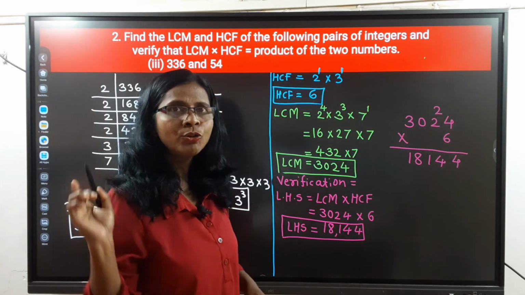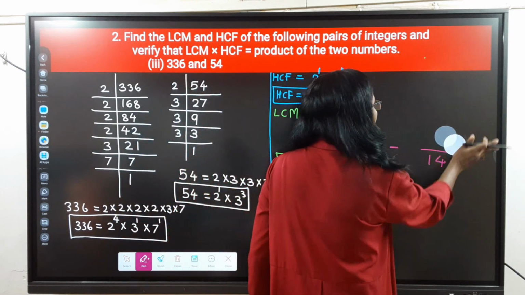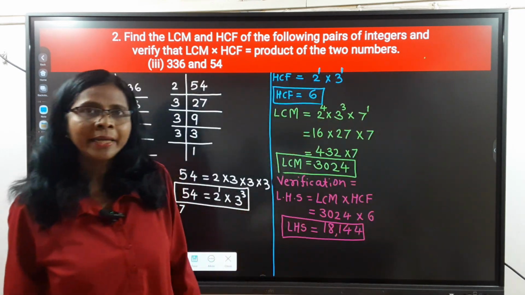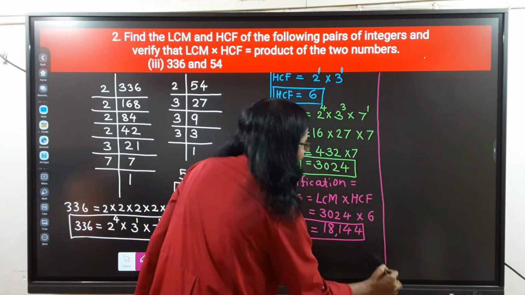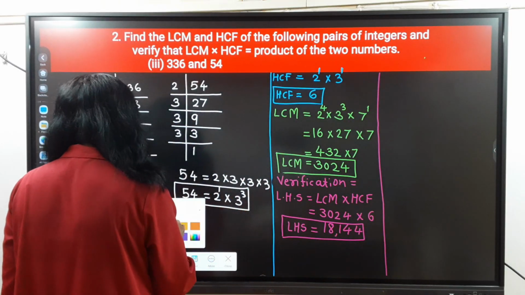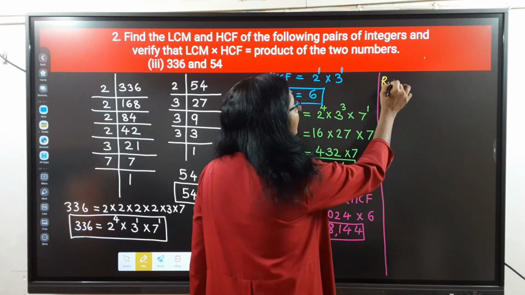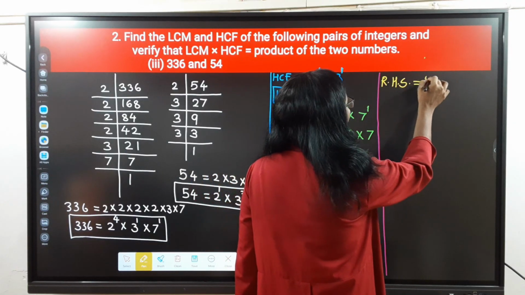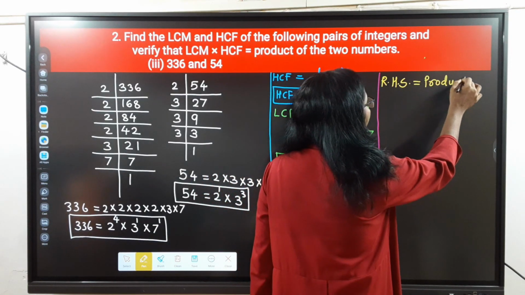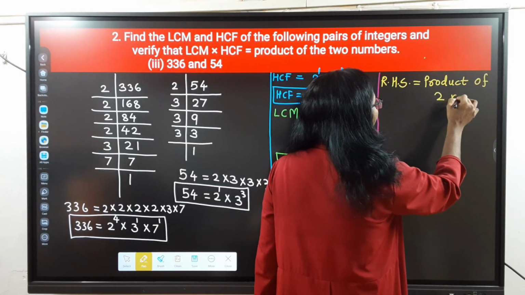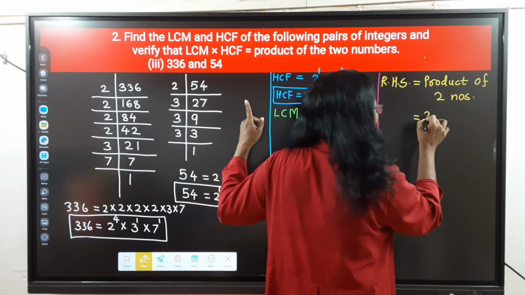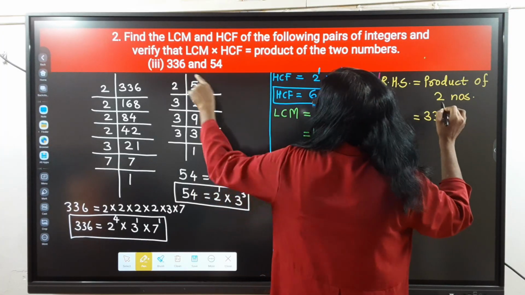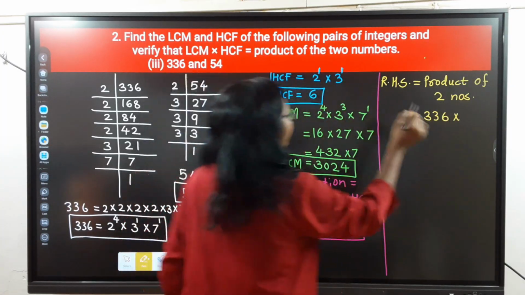Okay, so now here students the RHS. So I write down here the RHS. So RHS is equal to product of two numbers. So two numbers are students 336 multiplied here 54.